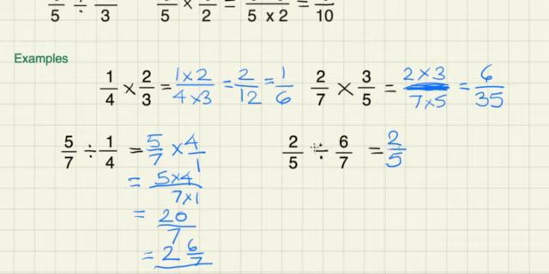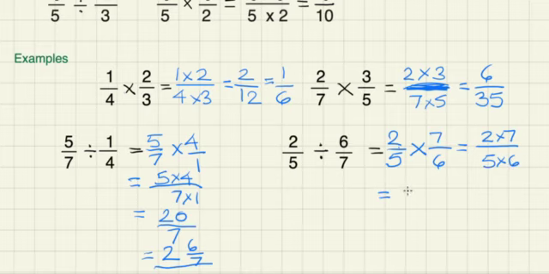We then change the sign to multiplication, and then we flip this upside down, so the 7 goes at the top and the 6 goes at the bottom. Then we do what we did with the multiplication earlier on. So 2 times 7, 5 times 6.